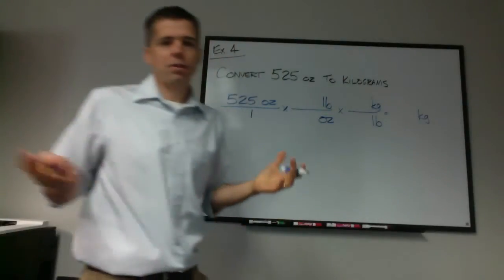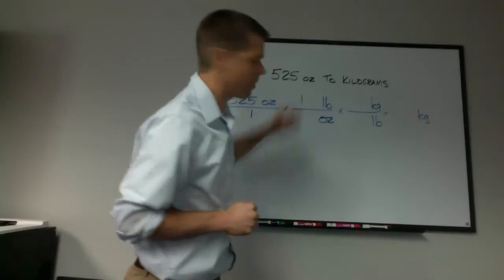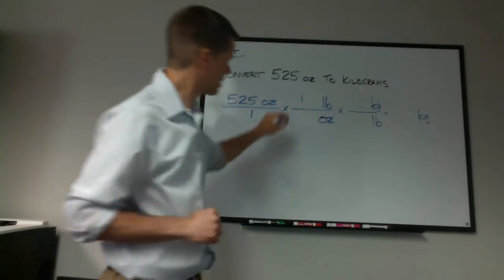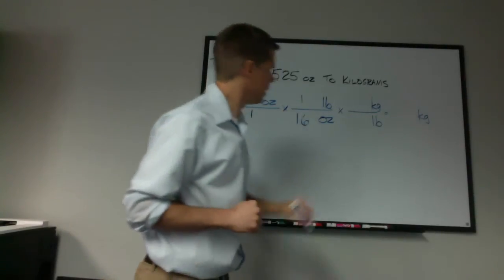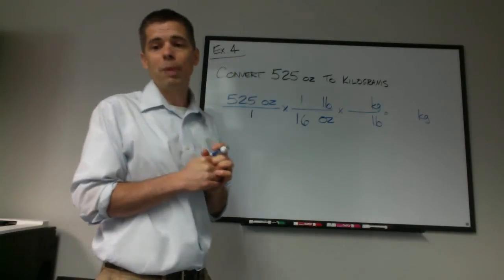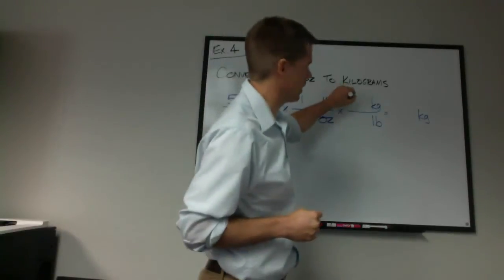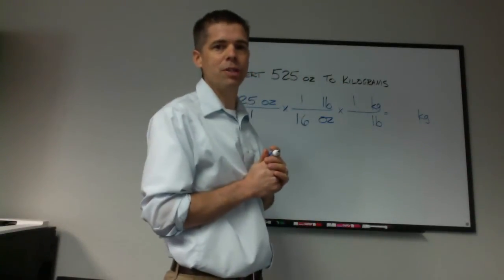So now I just have to look up some conversion factors and figure out the ratio. For every 1 pound, there are 16 ounces. And then over here, I'm going to put a conversion factor that says for every 1 kilogram, it's 2.20 pounds.